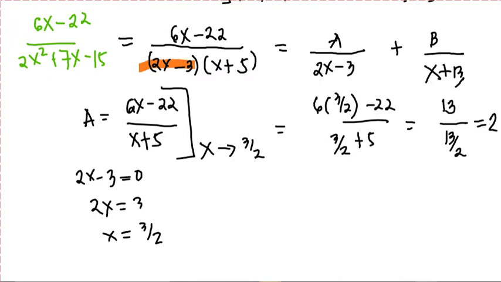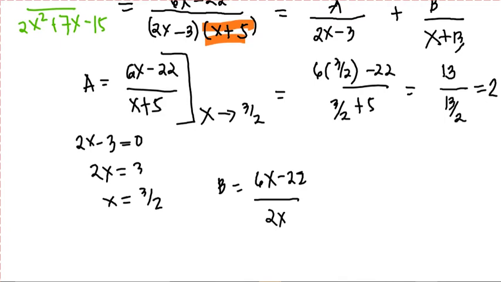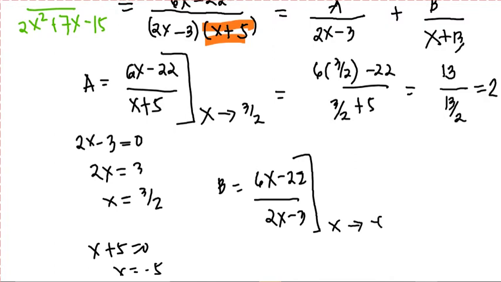For the value of B, we have 6x minus 22, and we cover x plus 5. What remains is 6x minus 22 all over 2x minus 3. We substitute: x plus 5 equal to 0, so x is equal to negative 5.